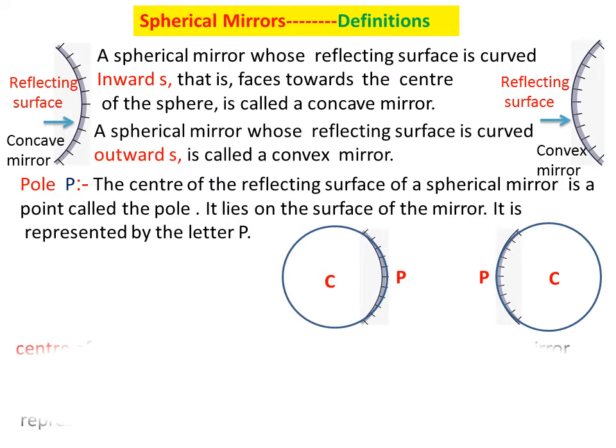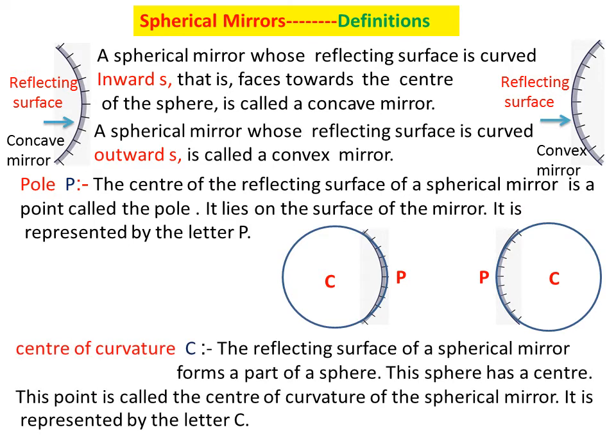Now the next definition is the center of curvature, C. The reflecting surface of a spherical mirror forms a part of a sphere like this. So this sphere has a center here and here.